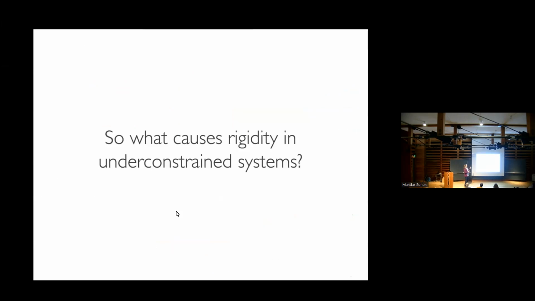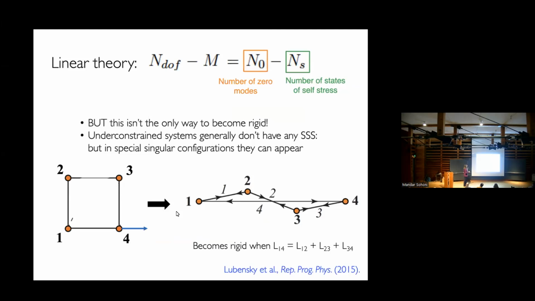But all of those systems are very under-constrained. They have way more degrees of freedom than constraints, an extensively large number. So how do they become rigid? I'm going to walk you through a simple extension of this argument. If I take this square and stretch out the geometry, now 1 and 4 are this distance apart. You can just say I've taken this square, it has the same topology, and I've stretched it out.